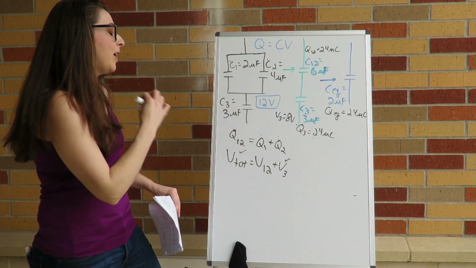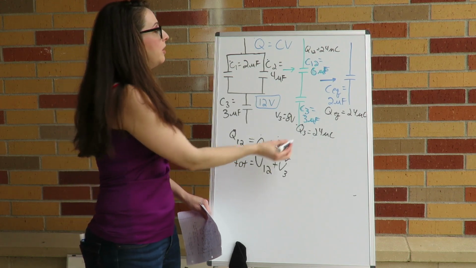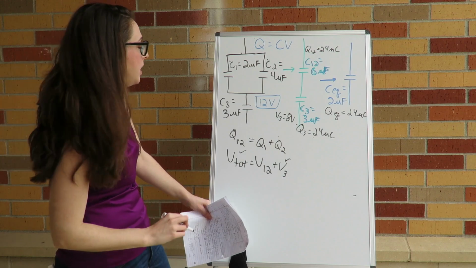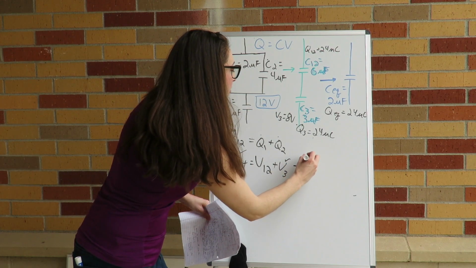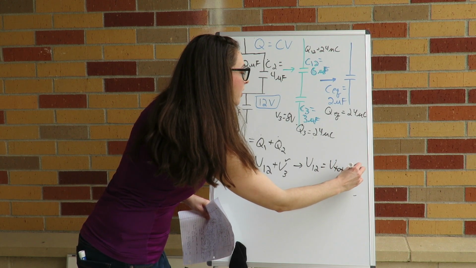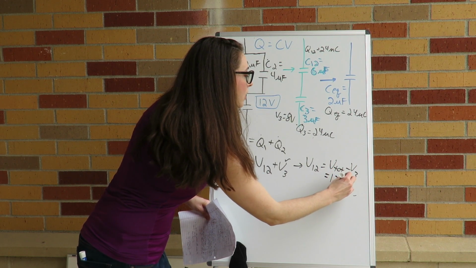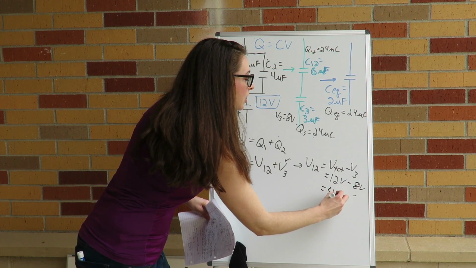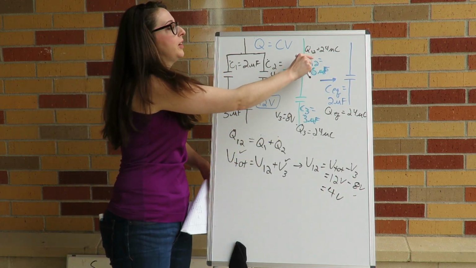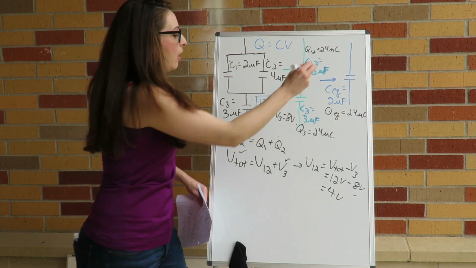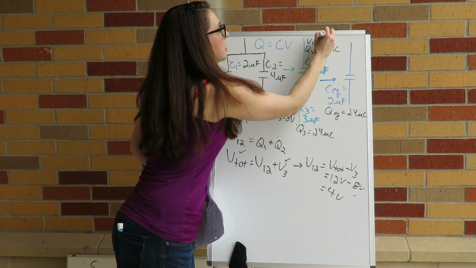Okay, now if I want to solve this equation for the voltage across our equivalent capacitor, C12, I get that V12 equals V total minus V3. So that's 12 volts minus 8 volts. And so the potential difference across our equivalent capacitor, C12, is 4 volts. Okay, now why is that useful to us?